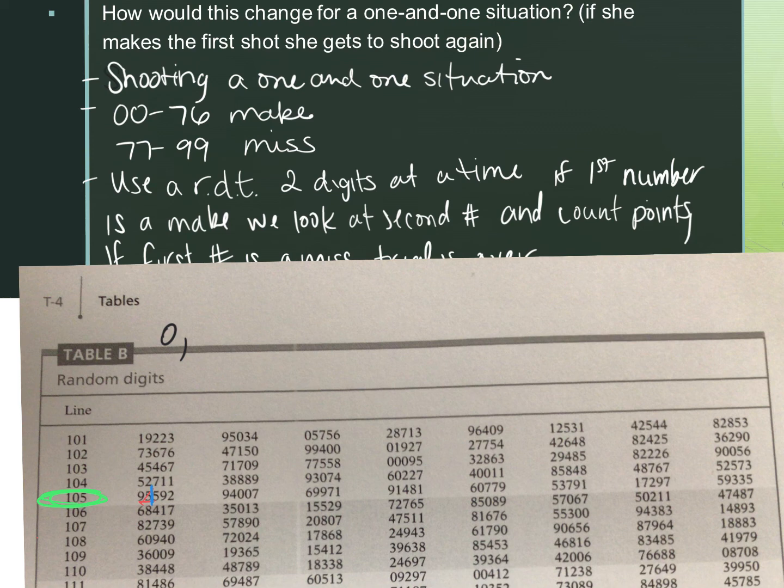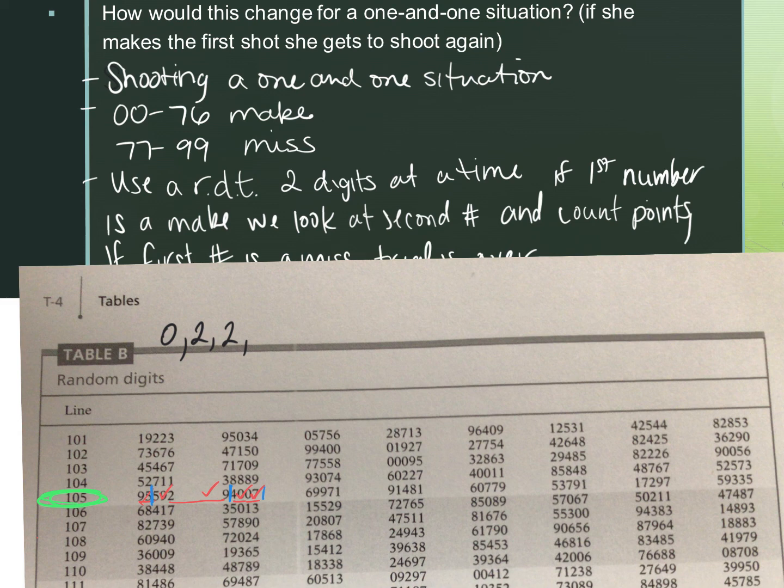The next shot is a 59, which is a make, and a 29, which is a make. So that's 2 points. The next trial, 40 and 7. That's a make, 2 points.